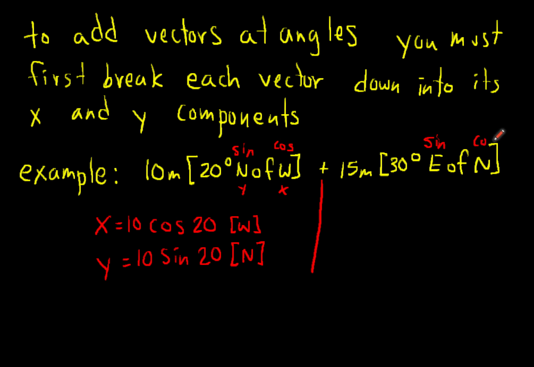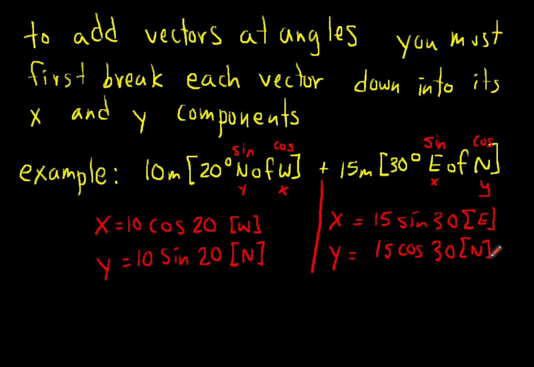In the other vector, the sine of cos means that east uses sine, and it's the x component, and north uses cos, and it's the y component. So x is 15 sine 30 to the east, and y is 15 cos 30 to the north. Make sure you write in the directions because it's going to be very important to keep track of which direction each component gets so that you can add them correctly together later.